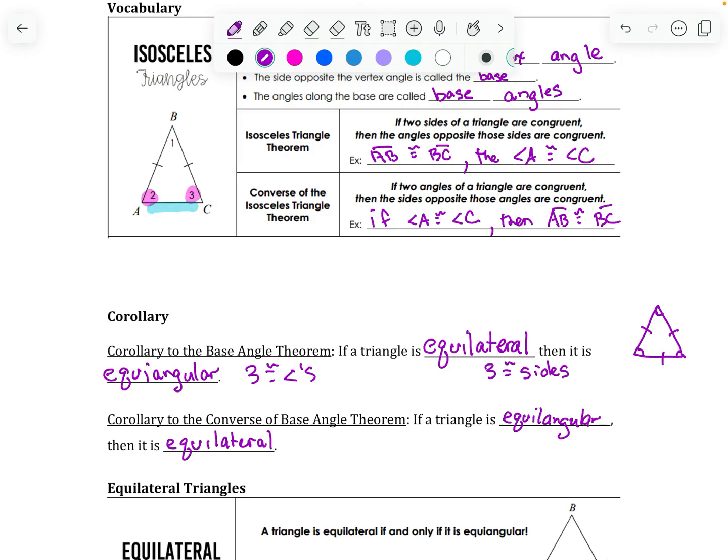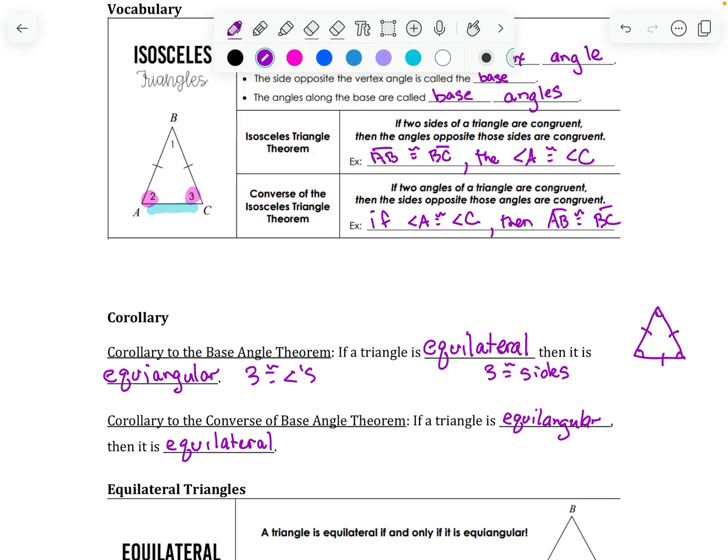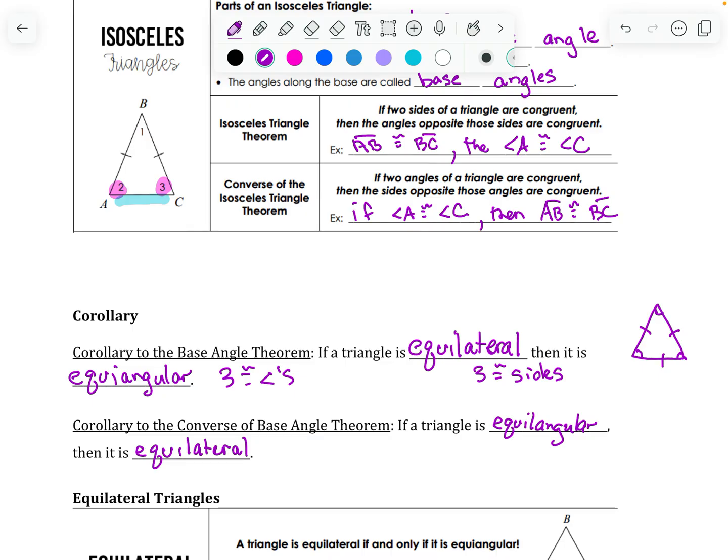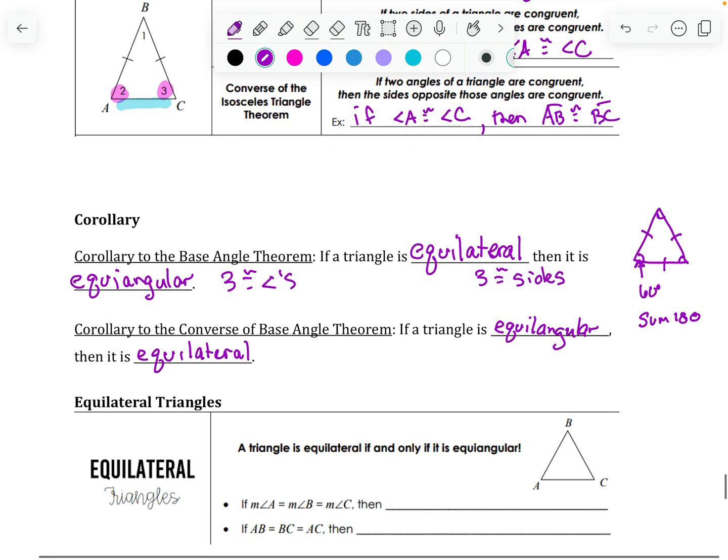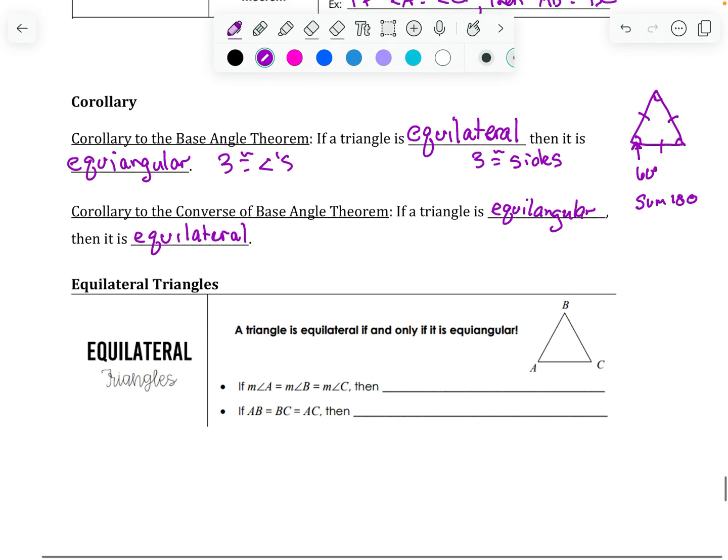Okay, so basically in math terms, if we know that all three sides are equal, then all three angles are equal, and we are going to know that they are all 60 degrees because the sum always has to be 180 degrees. So if they're all the same, they must be 60 degrees.